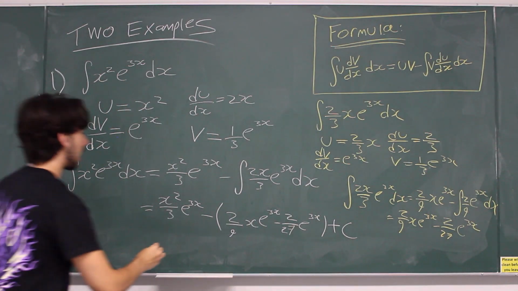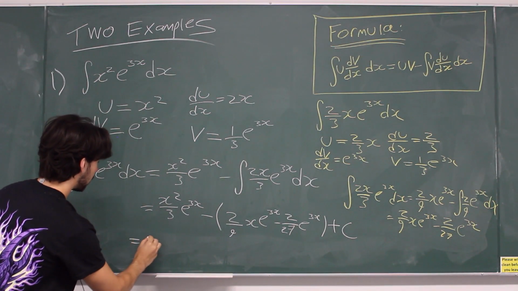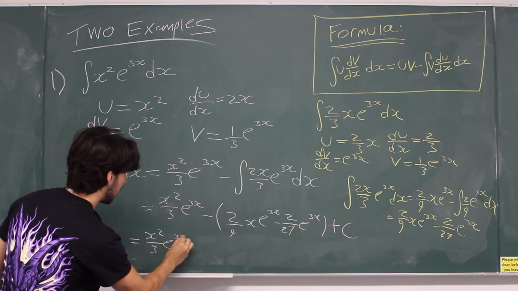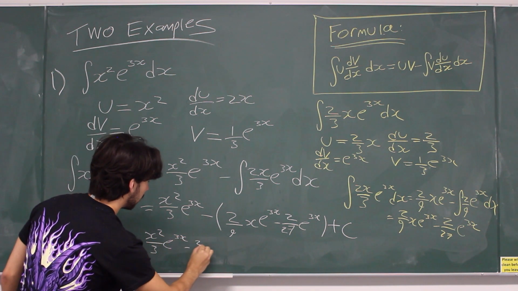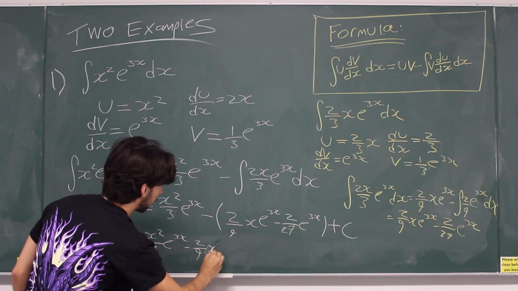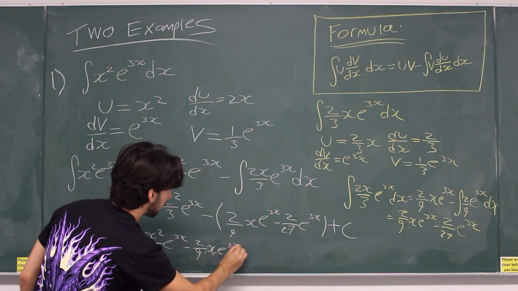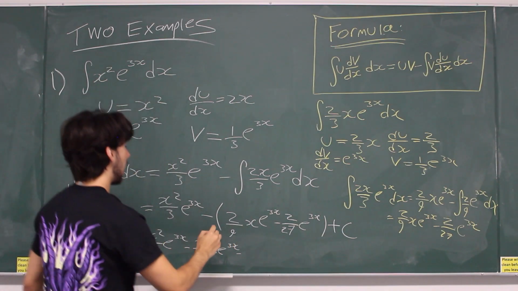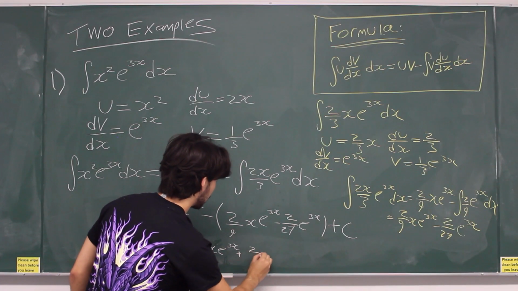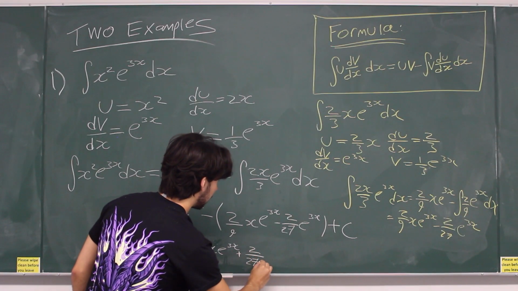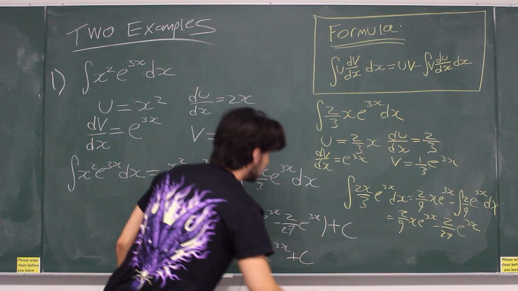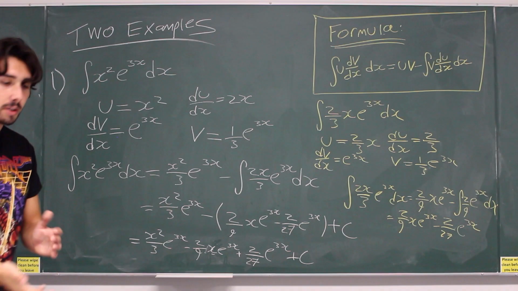And we're going to do one more round of simplifying. So we've got x squared over 3 e to the 3x minus 2/9 x e to the 3x minus, and minus, guys, that's a plus, so plus 2 over 27 e to the 3x plus c.